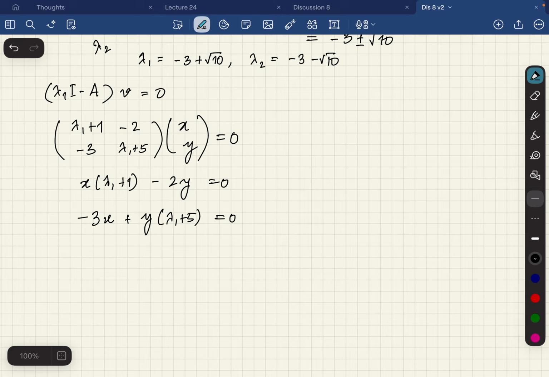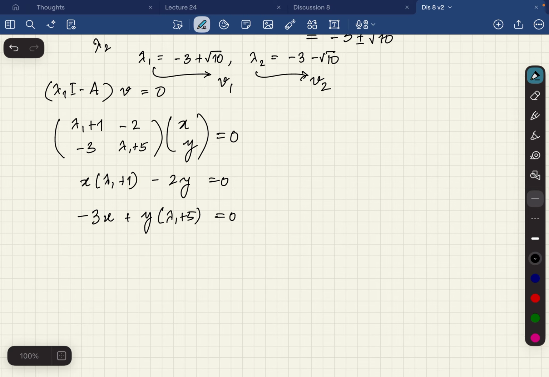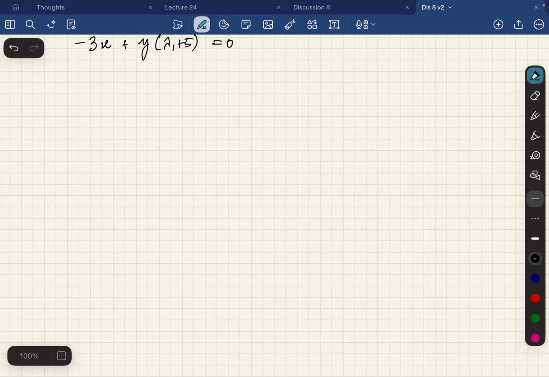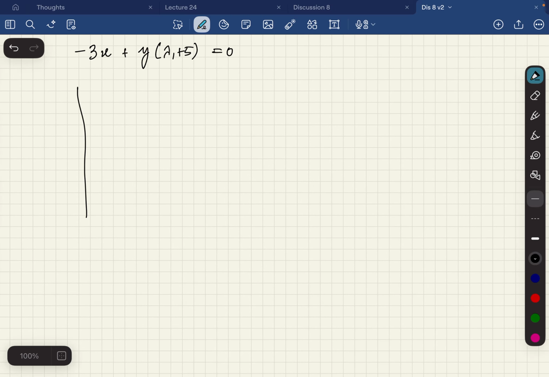So these are eigendirections. Now I got an eigendirection v1 for this, and an eigendirection v2 for this. Forget what my matrix was. I have all the information I need regarding my matrix in terms of eigenvectors and eigenvalues.